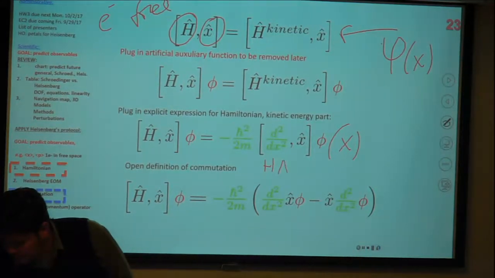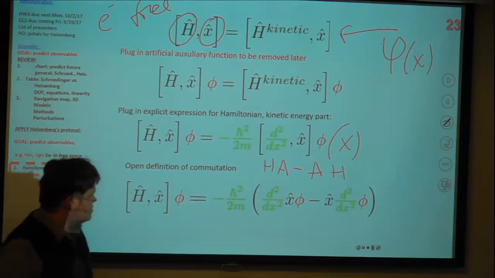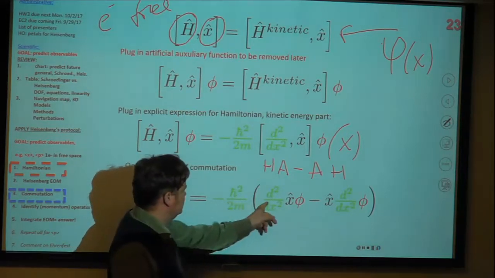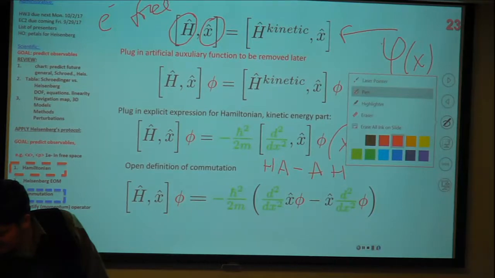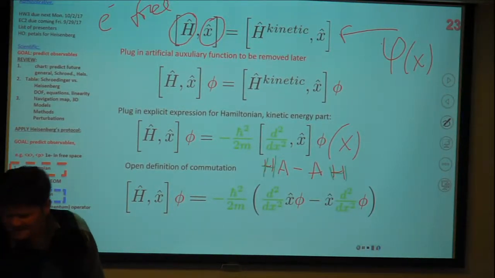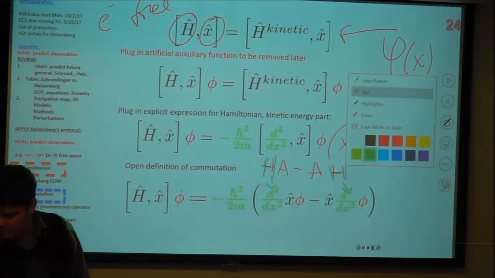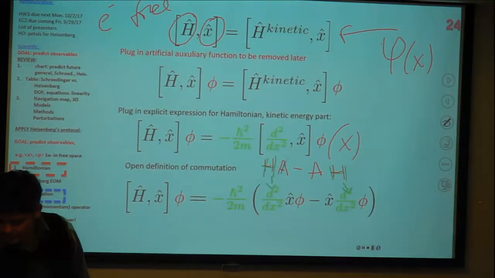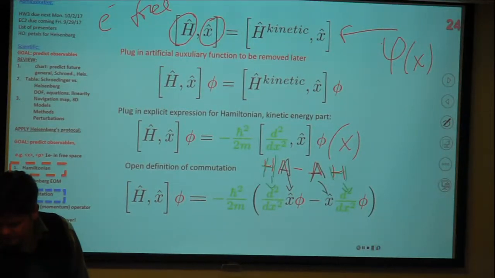H A minus A H. So the Hamiltonian is this green stuff. And the operator is our position x.